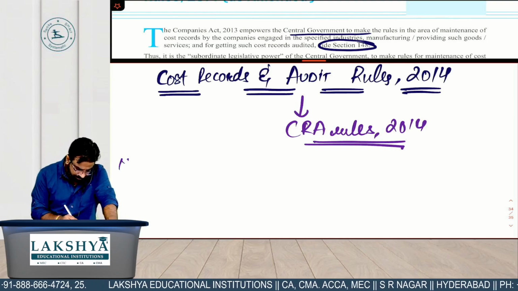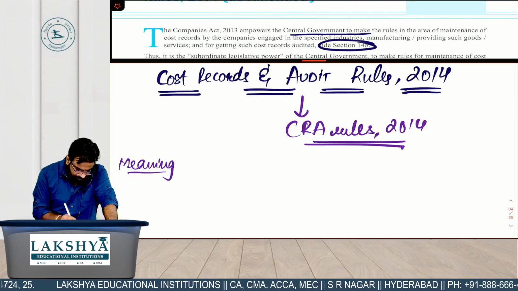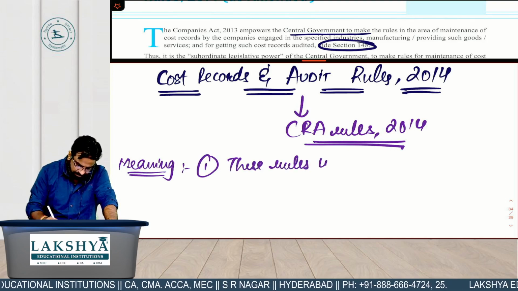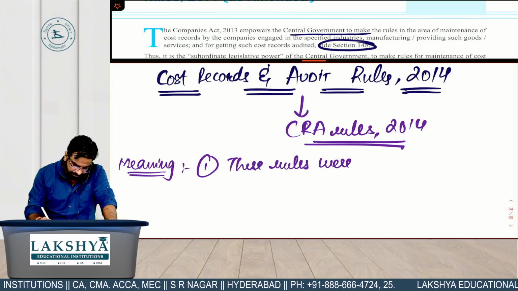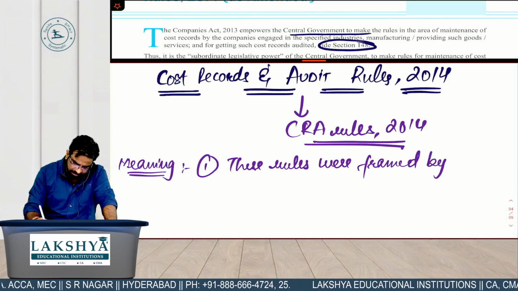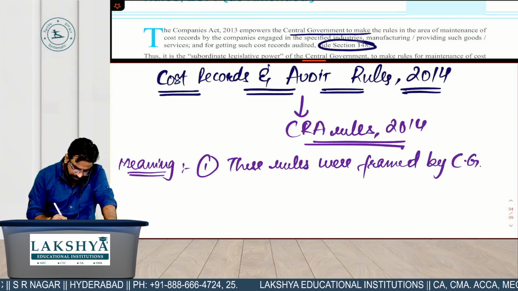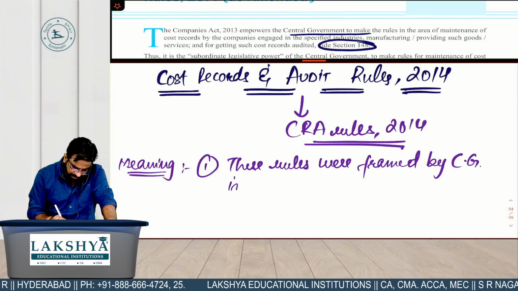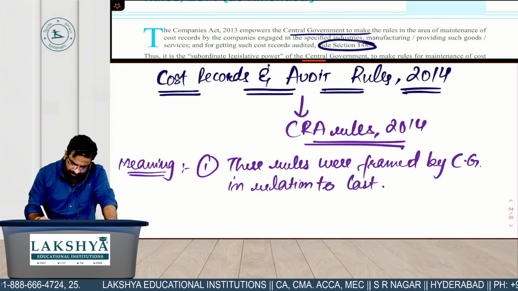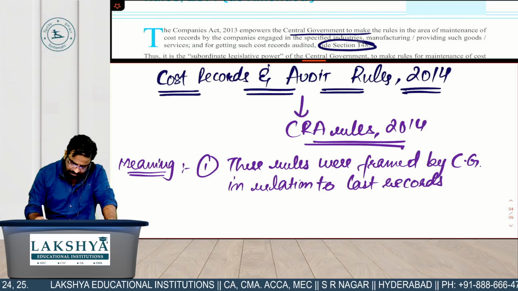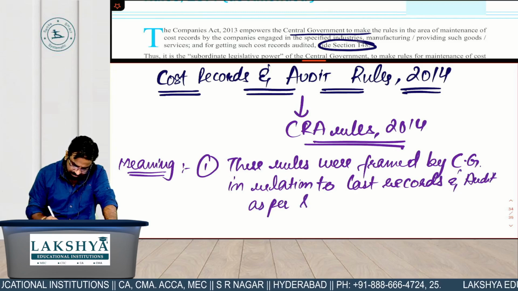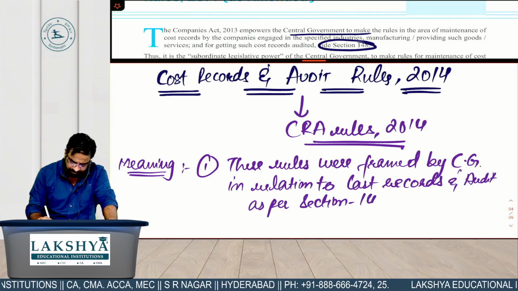So point number one, meaning. These rules were framed by the central government in relation to cost records and audit as per section 148.